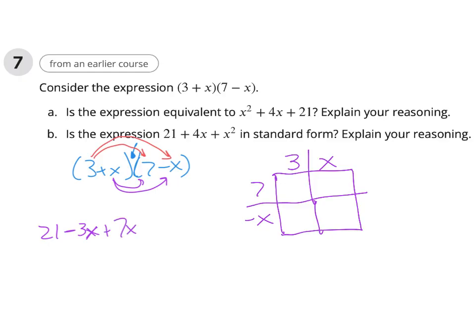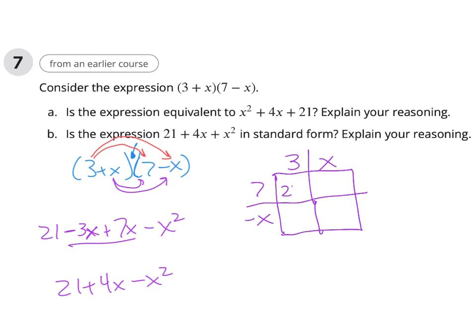Plus 7x minus, plus x times negative x is negative x squared. When you multiply variables, the exponents change. When you add and subtract variables, the coefficients change if they're the same term. So these two are the same. You get 21 plus 4x minus x squared.